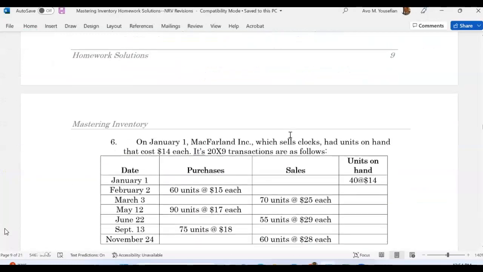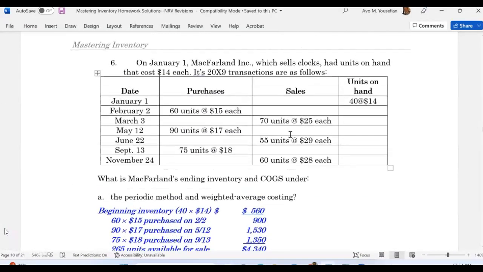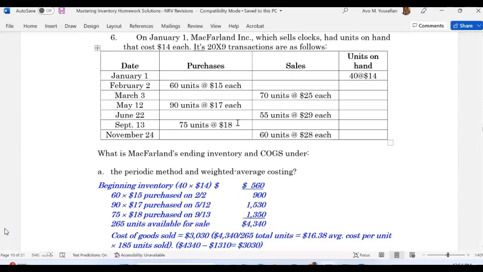Okay. So let's go to number 6. On January 1st, the company sells clocks, whatever, had units on hand that cost $14 each. And its transactions are as follows. So in January 1st, we have 40 units at $14. But down the road, we purchased a few times, we sold a few times.